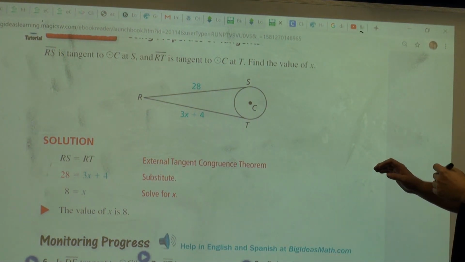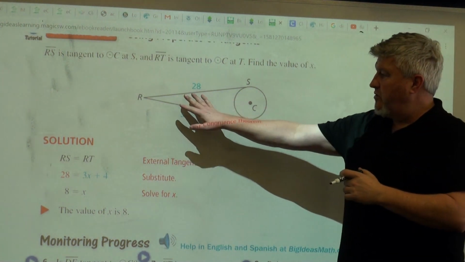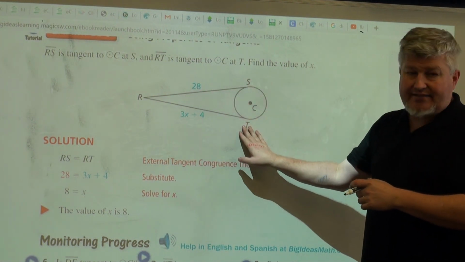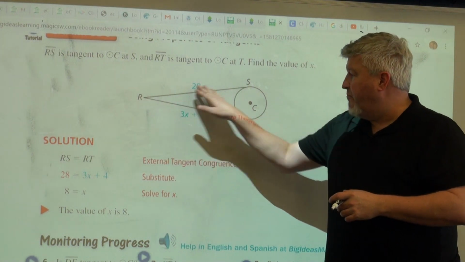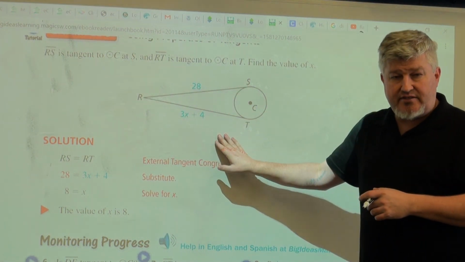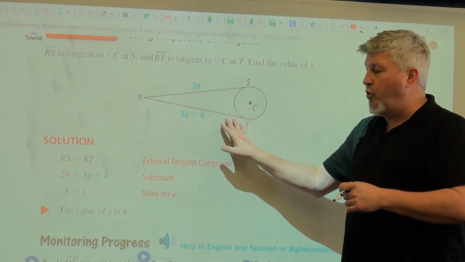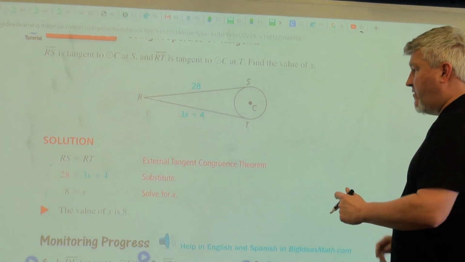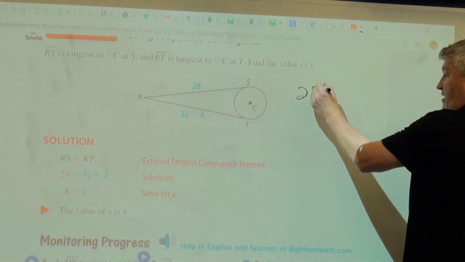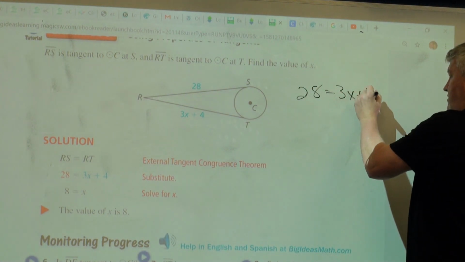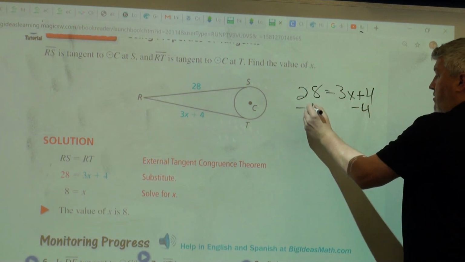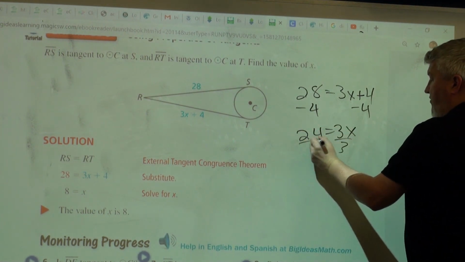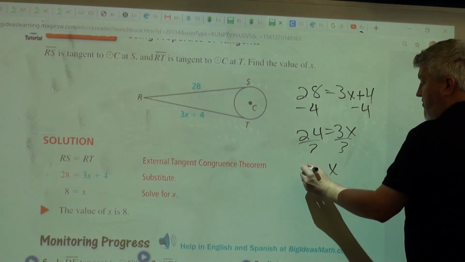So, we know that RS is tangent at S and RT is tangent at T. So from this point, both these lines are tangents, and we just talked about the rule for tangency from a point. Both of these are equal. So again, if they're equal, set them equal to each other. Subtract 4, 24 equals 3x, divided by 3, x equals 8.